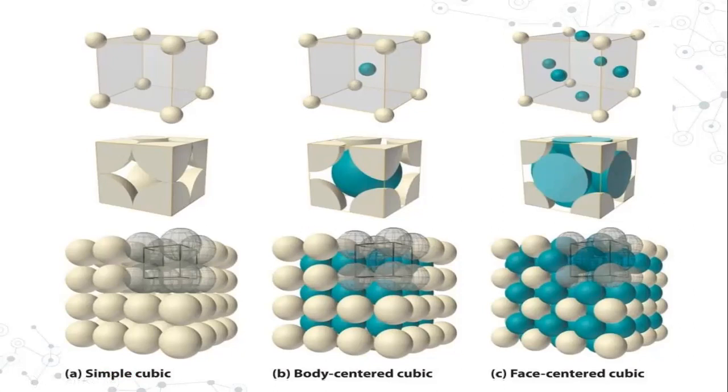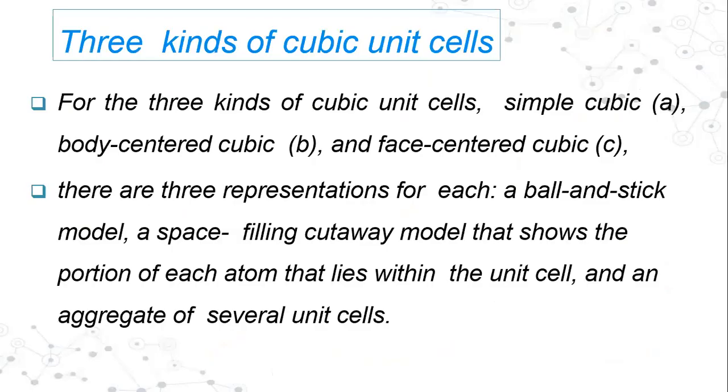So these are the different types of atoms formed in the unit cells. These are the 3 types. First one is the simple cubic, second one is the body centered cubic, and third one is the face centered cubic. So there are 3 kinds of cubic unit cells.